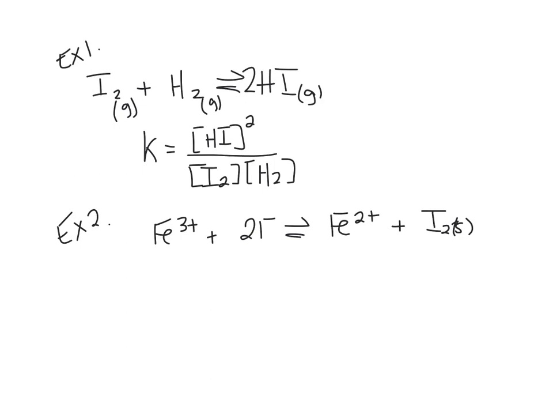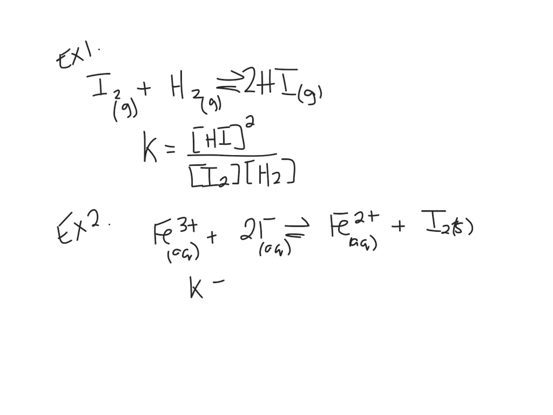Okay, example number 2. We have this reaction, and it's already in net ionic form. And we have 3 aq subscripts, 1 solid. The solid will not go into the K expression, so the I2 solid will not be there.